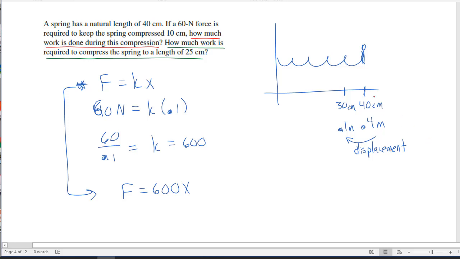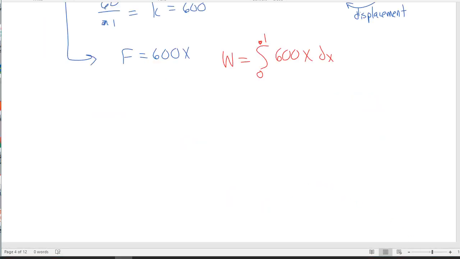So the compression, we're going in essence from a compression of 0 to a compression of 0.1 meters. So the work done is over the interval of 0 to 0.1 meters for our spring with variable force spring constant of 600. All right, so this really is the concept here.